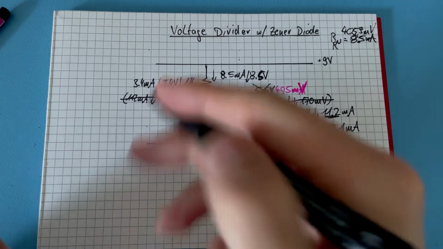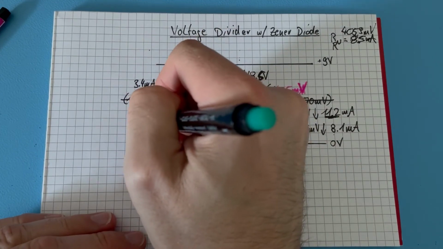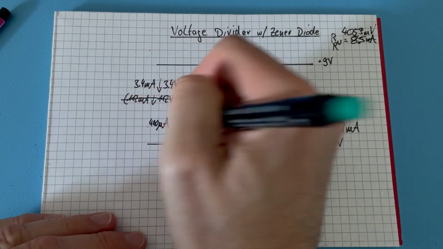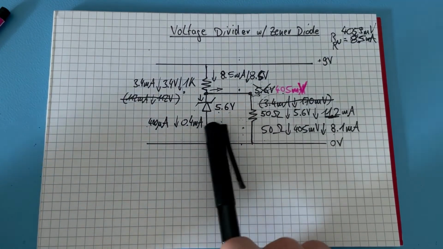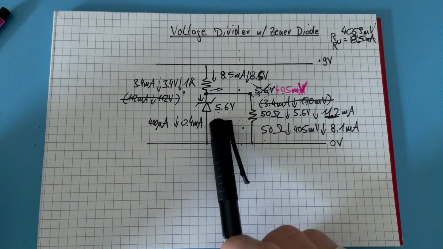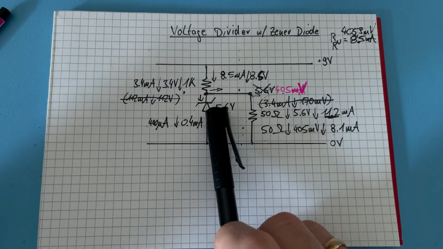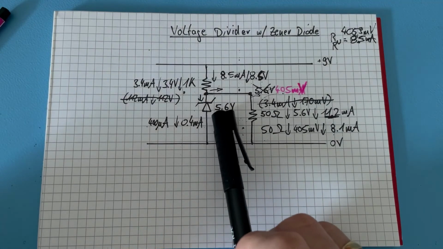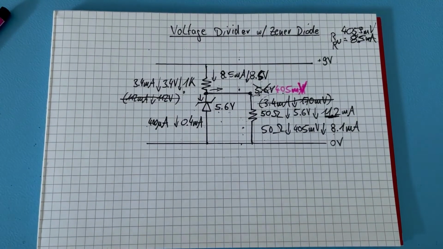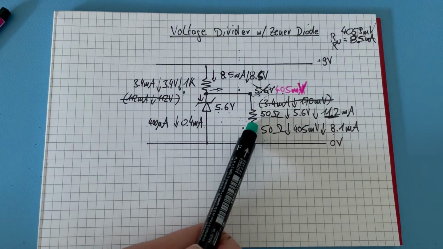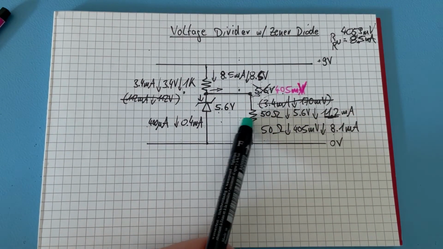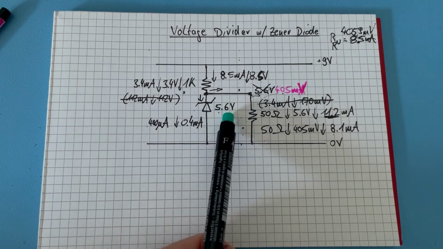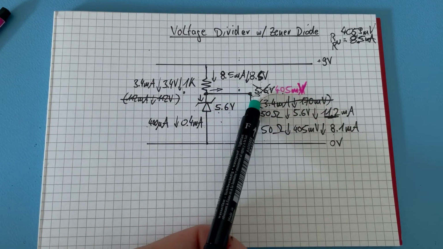So that is equal to 400 microampere. And somehow this does not suffice to keep up the reverse bias of the Zener. Okay, so somehow if we put a resistor in parallel to the Zener, you can't keep up the 5.6 volt, so it breaks down.